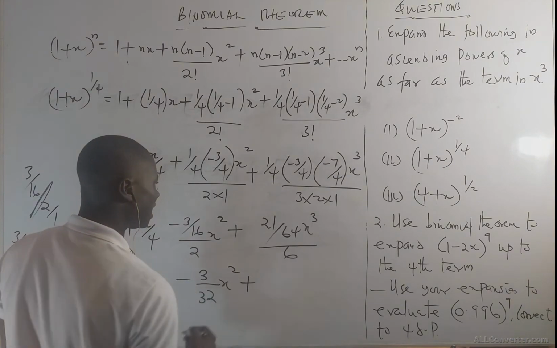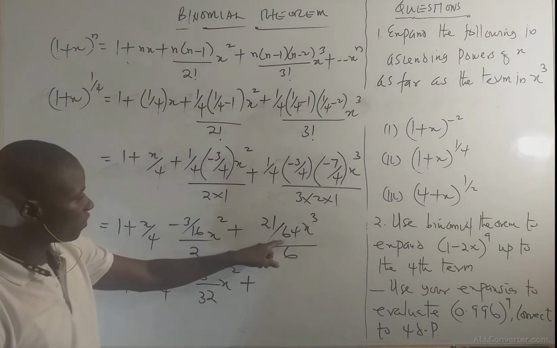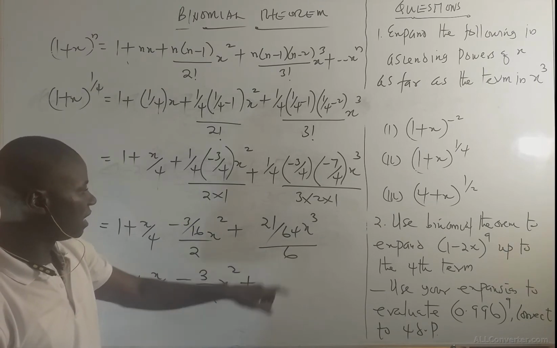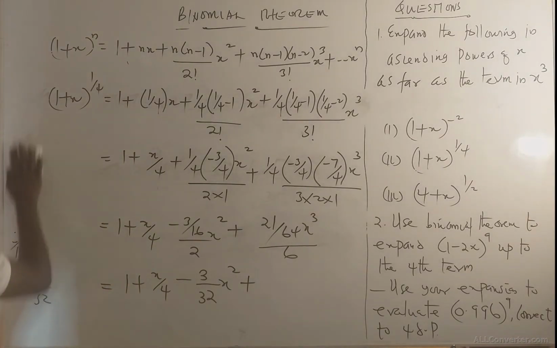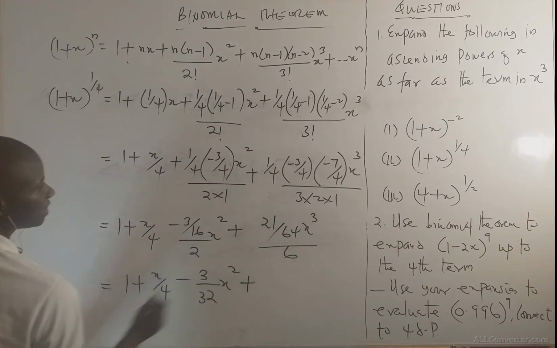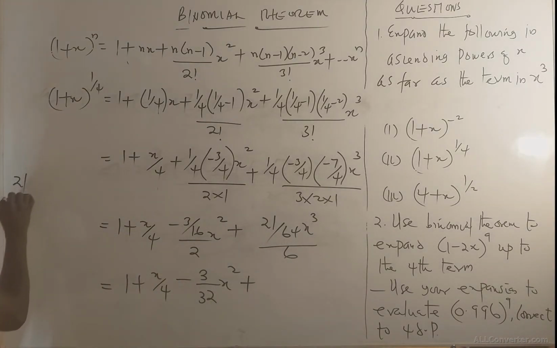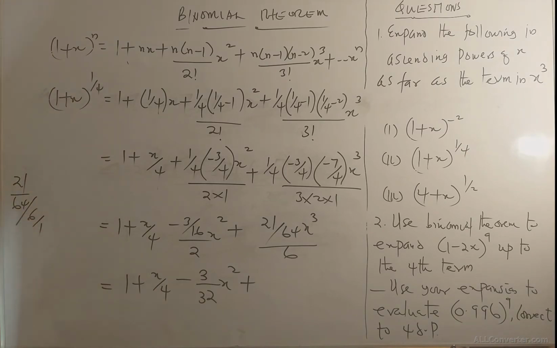Now, plus, take note of this, that this is 21 over 64 all divided by 6. And so this will also be like this. Now let's start to simplify so that you can also understand what is really happening. You have 21 divided by 64, that is 21 over 64 all divided by 6. But don't forget that 6 is also over 1.